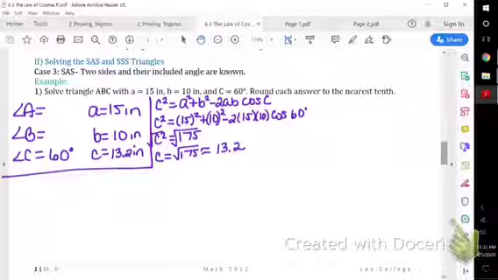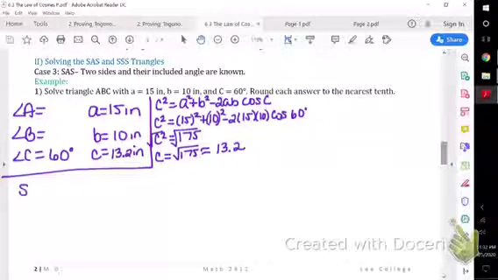So if we're looking for angle B, do I have to use the law of cosines? Do I know a side and the angle opposite of it? I do. So let's go ahead and find angle B that way. So we can switch now to the law of sines.